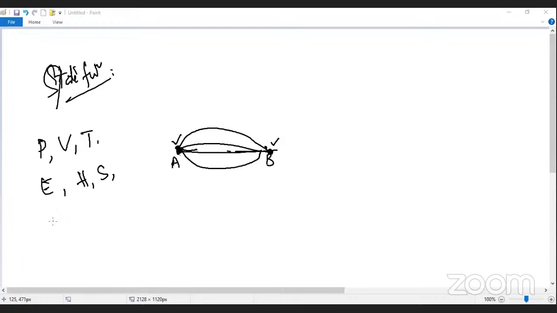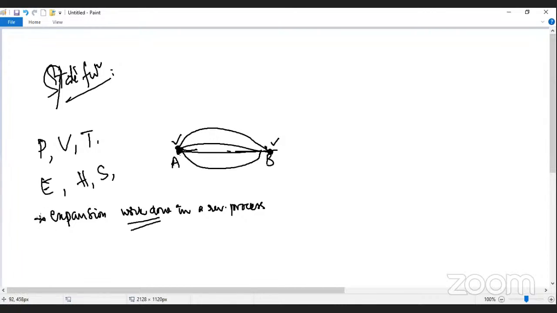First, just note down: expansion work done in a reversible process. So usually work done is a path function, right? Yes, sir.